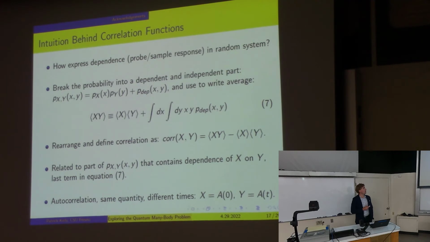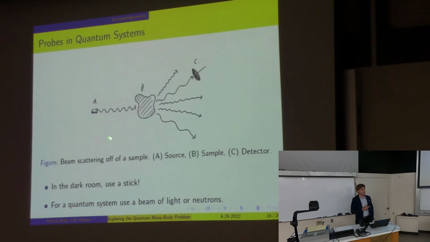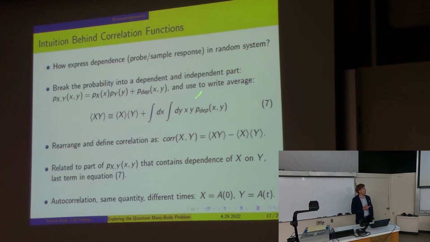Break it up into a part that is independent, where the positions aren't influencing each other or their likelihood, and a part that can't be broken up. Then you plug that into the definition of an average, where you multiply by x and y and then take an integral over all space. You define this as your correlation, rearrange, and you've got that.